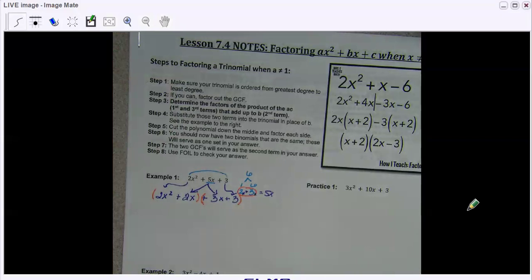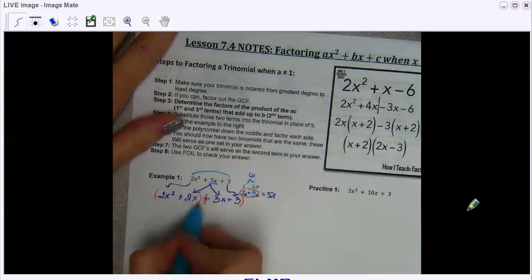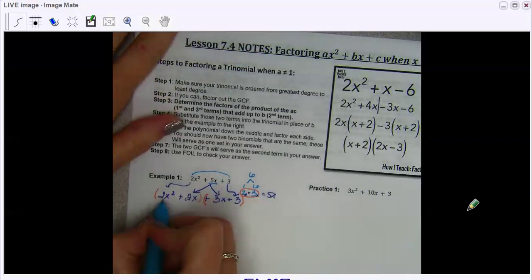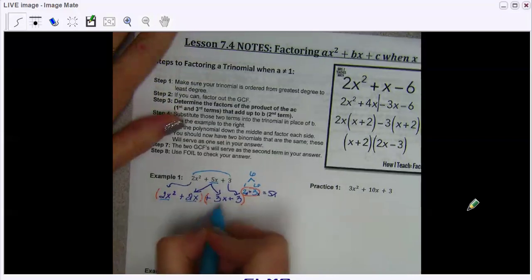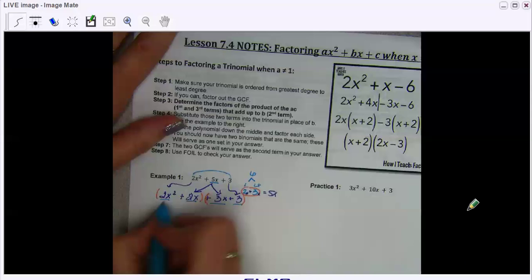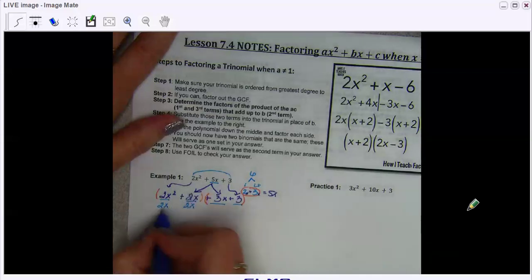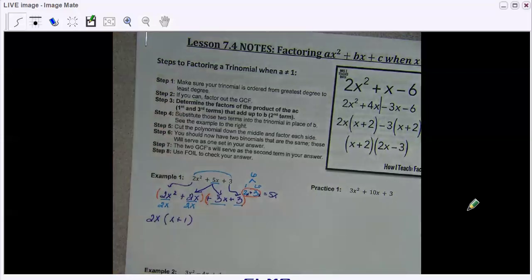Okay, so in reviewing factoring by grouping, we've grouped 2 binomials together, and we're going to factor out the GCF from both of them. So the GCF here is 2x. And when we write this factored out form, we have 2x times x plus 1. Okay. So are there any questions on that part?